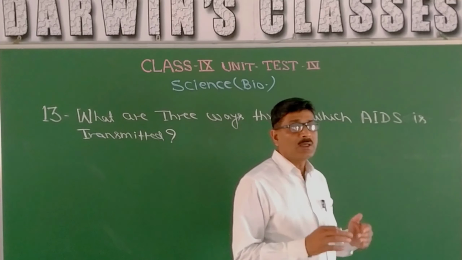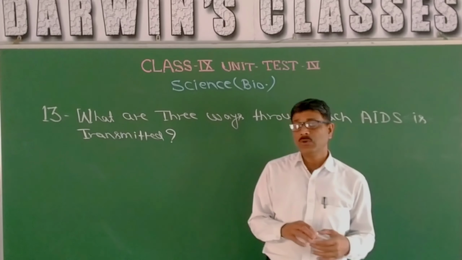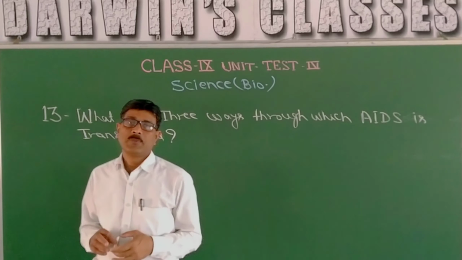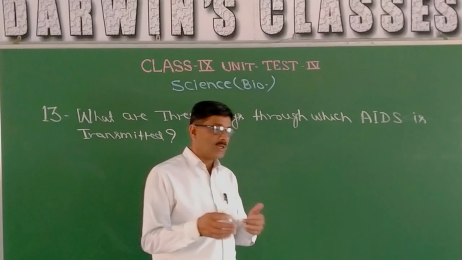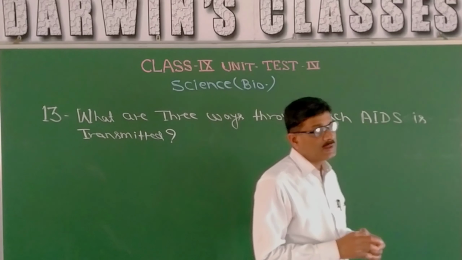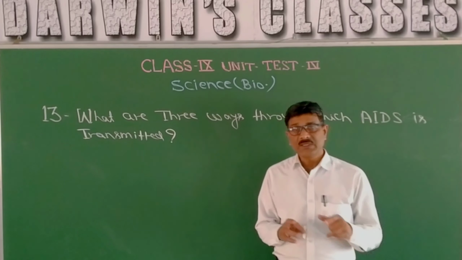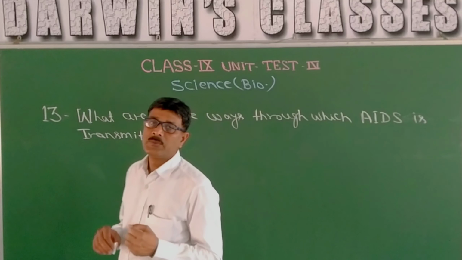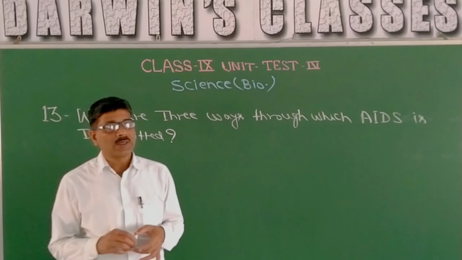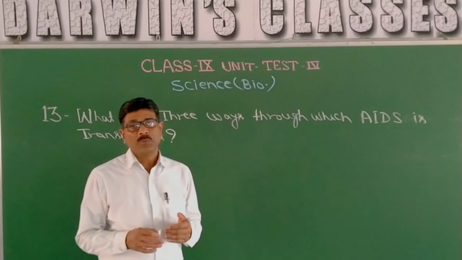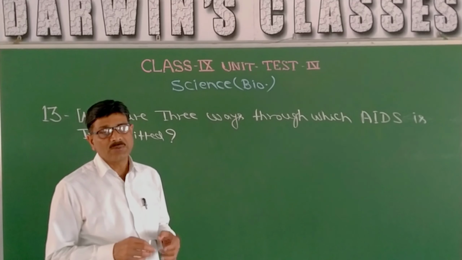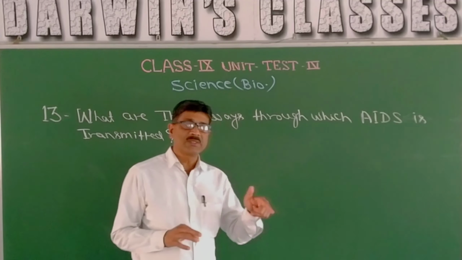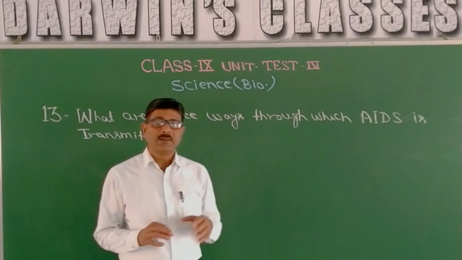So during unprotected sex, during promiscuous sex, that means multiple partners, or when a person keeps changing sex partners. Especially those persons who are drug addicted, the chances of being infected with HIV, that means suffering from AIDS, are common in those persons.